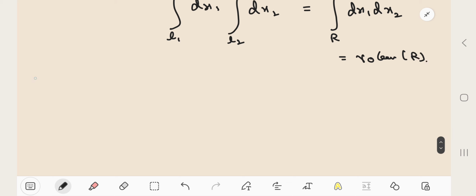So to generalize this, we get the following definition. Let's choose a region X from Rn.